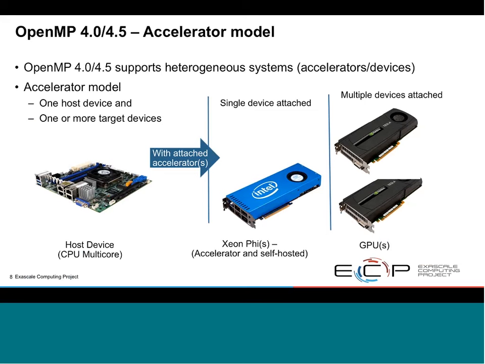Since OpenMP 4.0, OpenMP supports heterogeneous systems, and the way we support it is through an accelerator model where we can have a host device that can be a multi-core CPU system, where we can have one or n number of accelerators, and OpenMP provides different kinds of directives to program them.